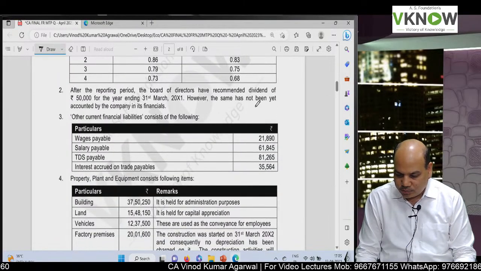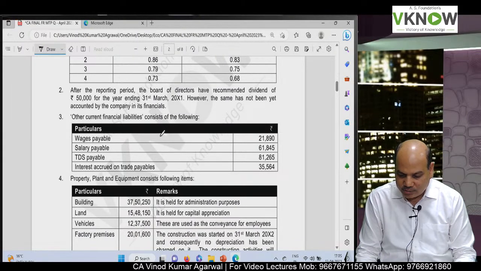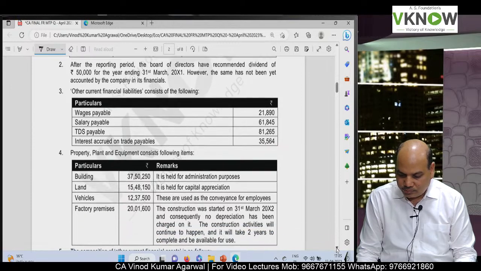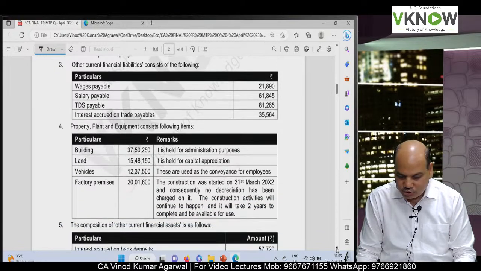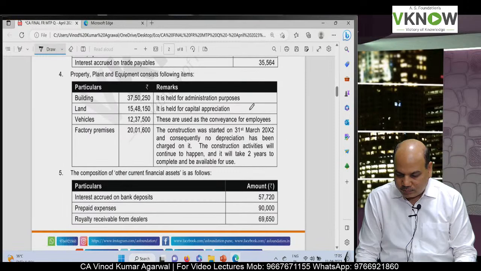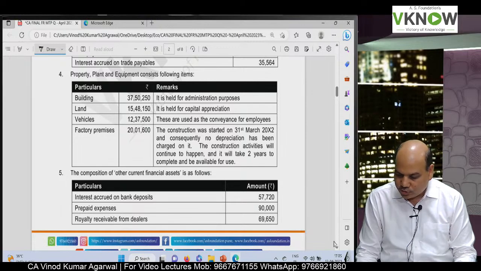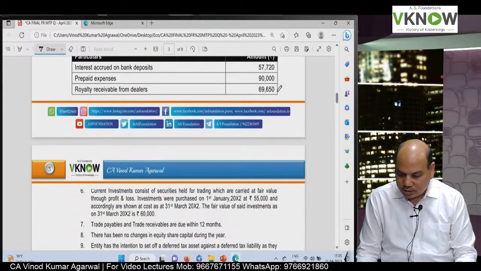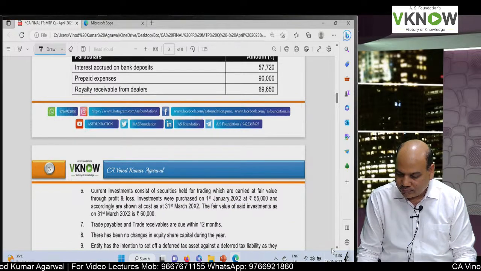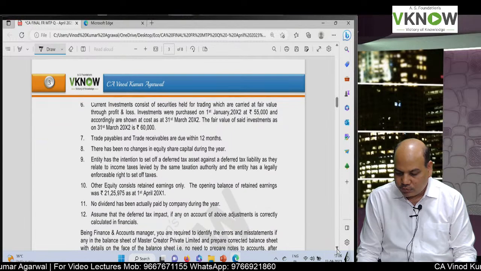Then adjustment on proposed dividend was given, then rearranging the items in the balance sheet, financial liability you have to rearrange, then presentation of PPE, investment property, capital work in progress, this was also there. Then some presentation related to financial assets were there. So all this you have to do.